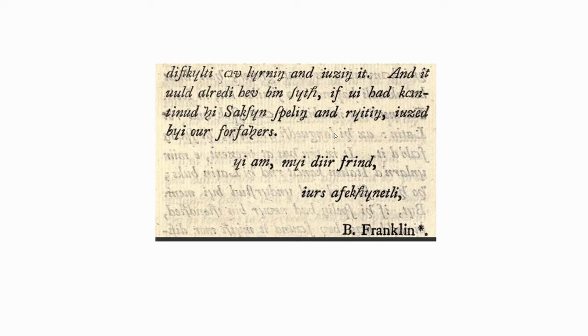So here is a piece of a letter that Benjamin Franklin wrote to a friend of his using his alphabet. I will give you the translation, but try to take a moment and see if you can do it yourself.